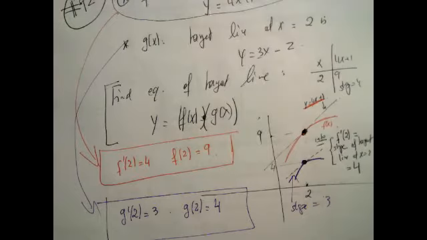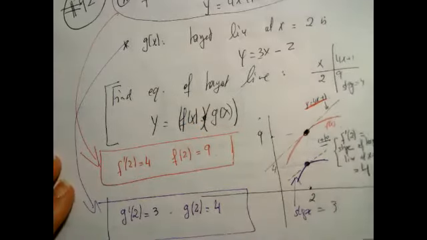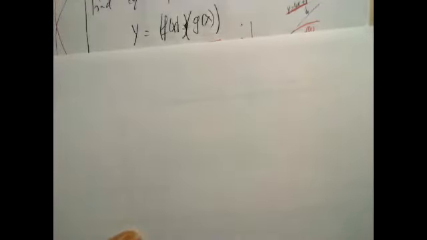Now I'm going to use those two important pieces of info to find the tangent line at y equals f of x times g of x. So let's do that quickly. So now I have a new function. We're going to call it f times g.